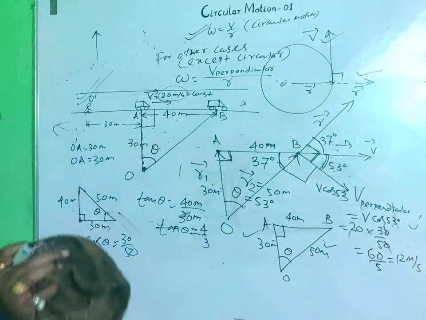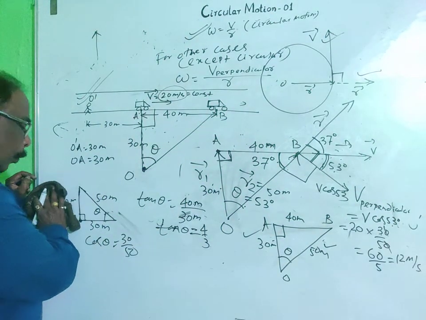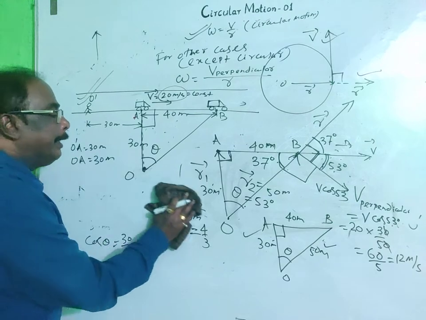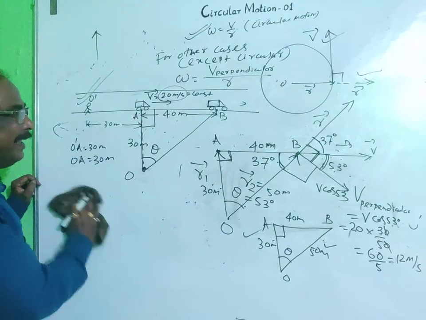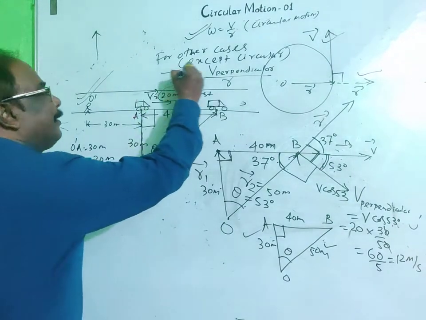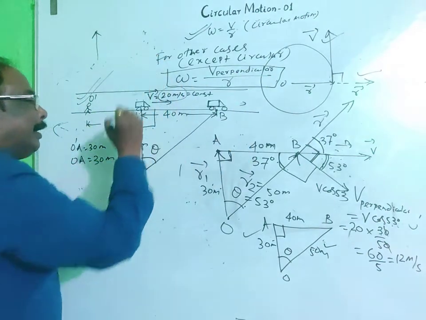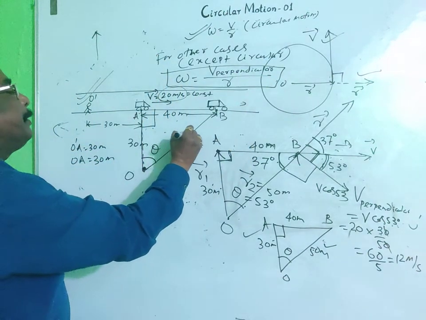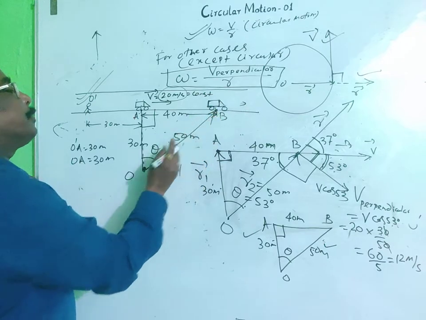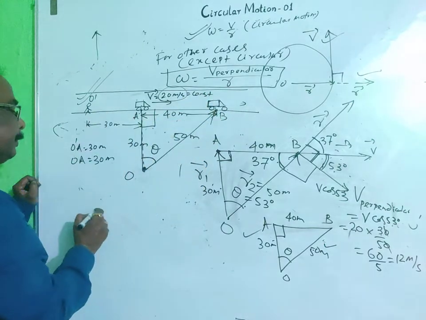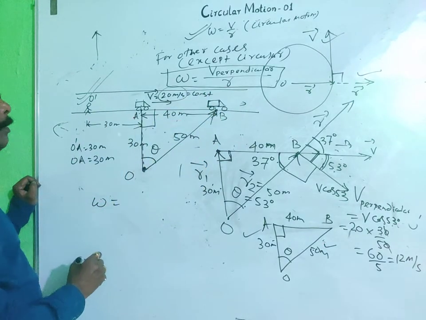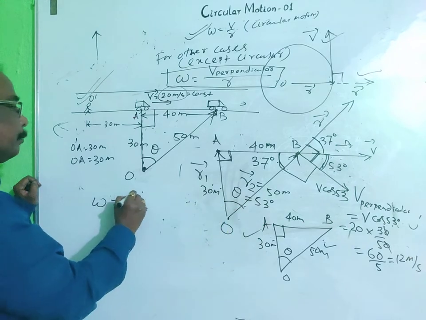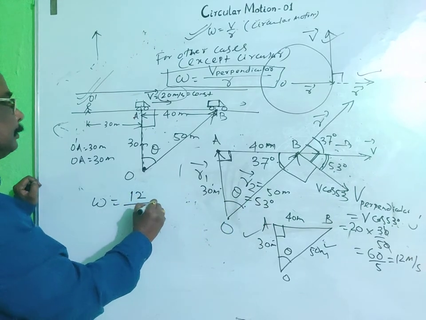Okay. Then now, what is the value of omega? Can I erase this part now? Then omega is equal to V perpendicular divided by R. Here R is 50 meters, the magnitude of the position vector. The perpendicular component is 12.